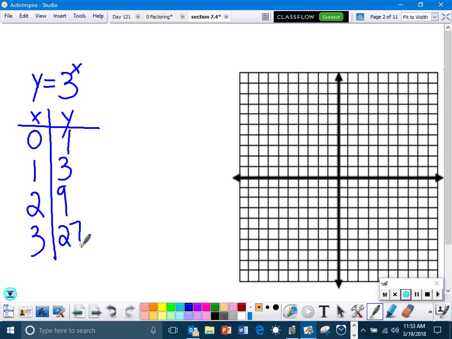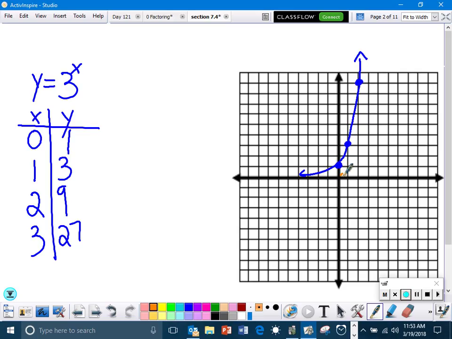All right, I'm going to plot those dots. 0, 1, 1, 3, 2, 9. And again, it's going to curve towards the x-axis going to the left, but it's not going to cross it, and then it's curving up.